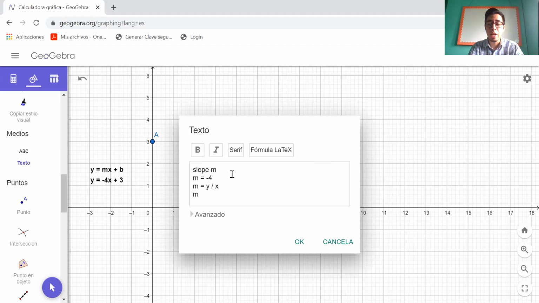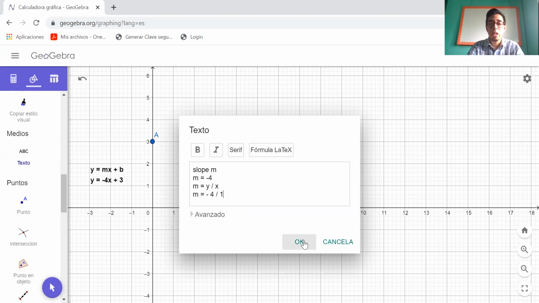So if m is -4, it's like you have -4 divided by 1. Yes, because if you divide by 1, it's not going to affect anything. You are going to keep the same number, -4, for the slope.